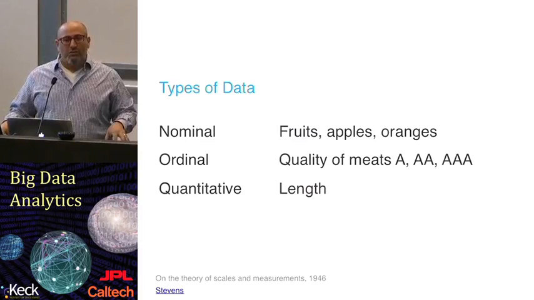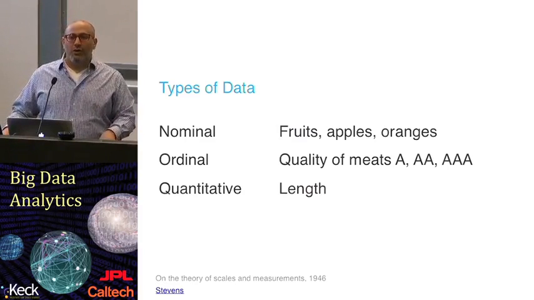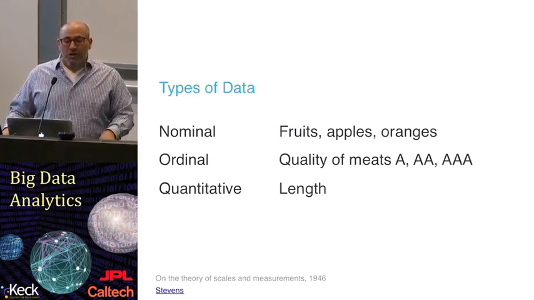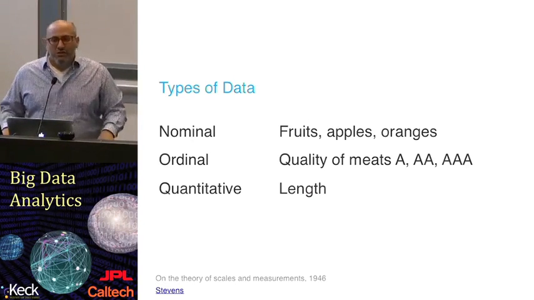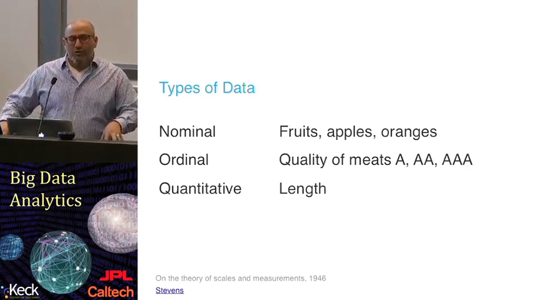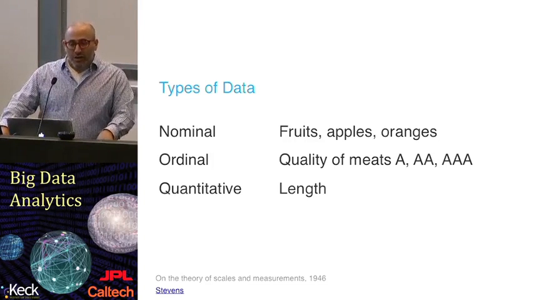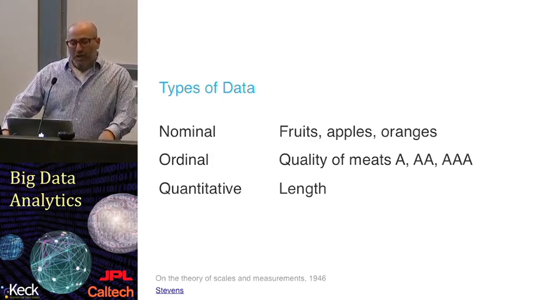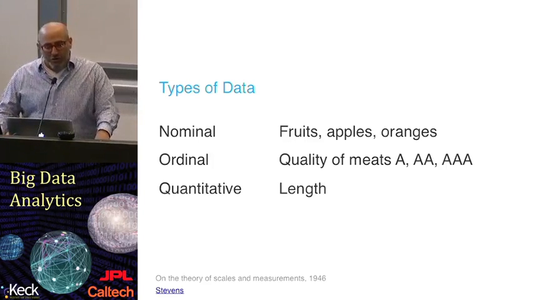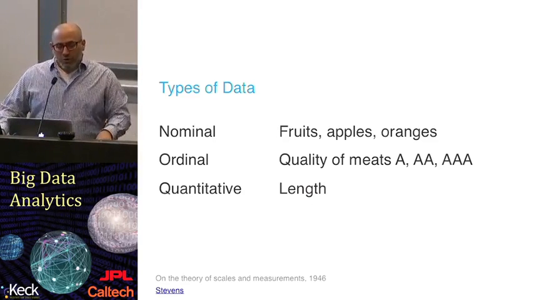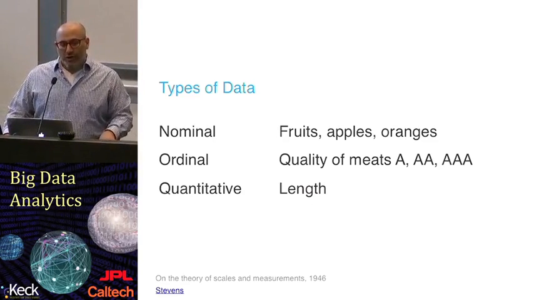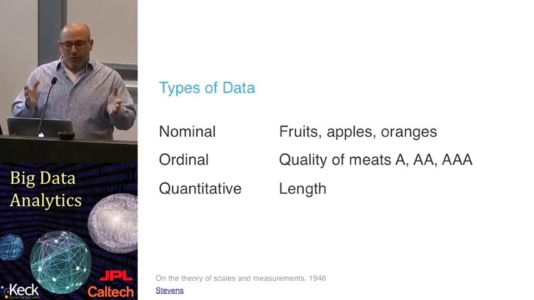This will probably have occurred in a number of the other lectures. If we take data and map them to different types, the first is nominal. These are often category labels. If you have data that describe fruits, the categories would be things like apples and oranges. Next is ordinal, numerical or non-numerical data that's of an ordinal nature.